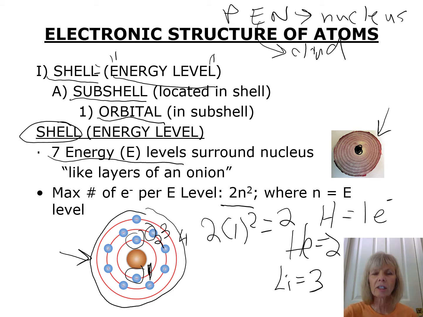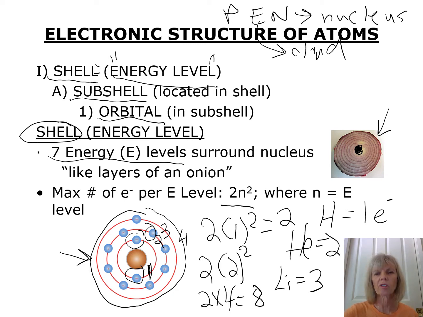So the maximum number of electrons I can have in energy level 1 is 2, which is illustrated in the picture here. I can have less, I can have just 1 electron, but this is the max. If I go to energy level 2, using my formula, n is 2, 2 squared is 4, 2 times 4, the maximum number of electrons I can have is 8.